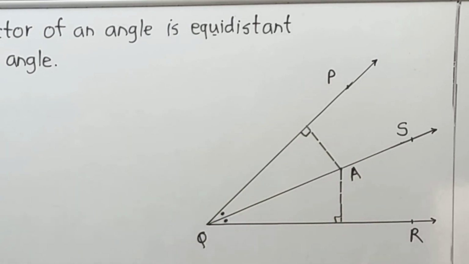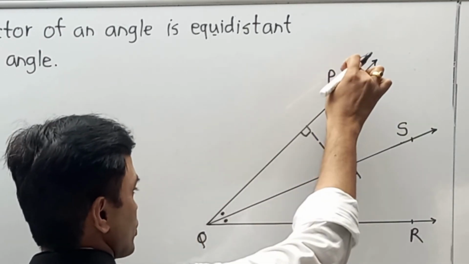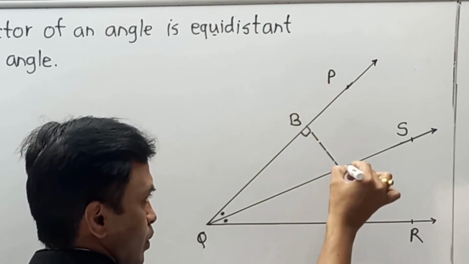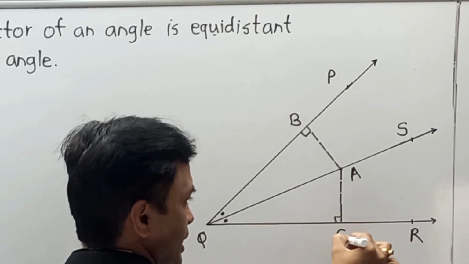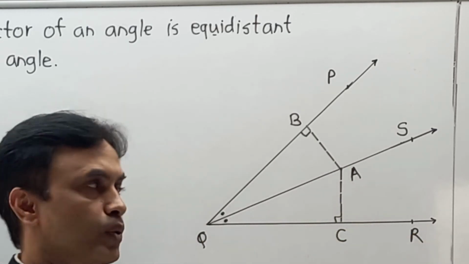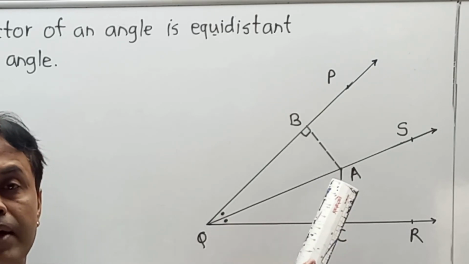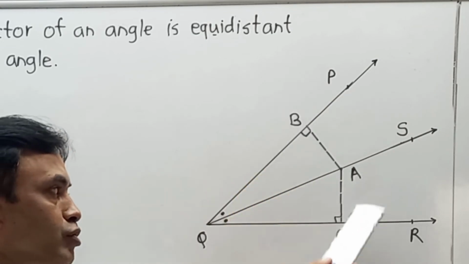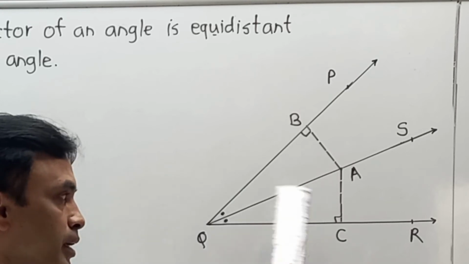Let us say from A to this perpendicular on QP, I am going to call it point B, and again from point A we have drawn another perpendicular on QR, I am going to call it C. So now your structure is ready, and our target is to prove that AB is congruent to AC. That is our proof to be done in this part.